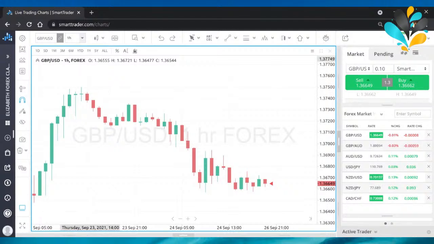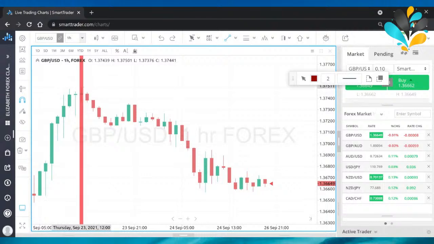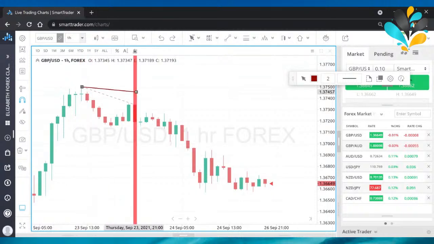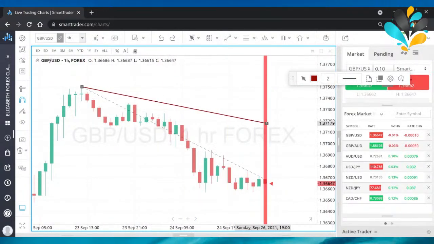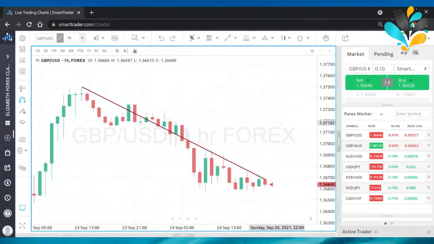You have the magnetic tool, which helps with drawing. Whenever you can see it's highlighted red over whichever candle that I've chosen. Once I do that, then automatically, as I drag it over, you can see it was showing you where it would draw the line for you as you would have dragged your mouse over to another candle.